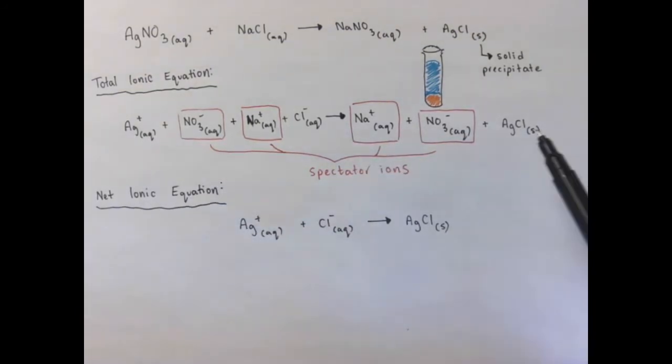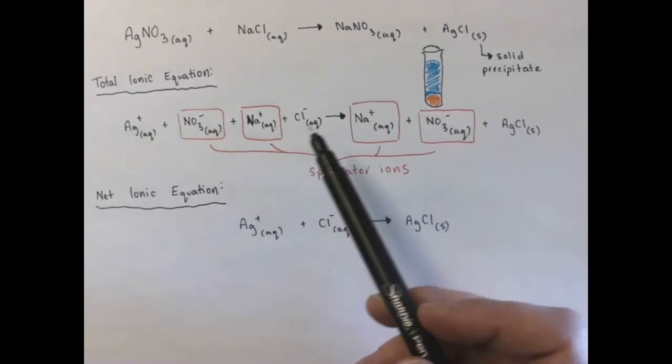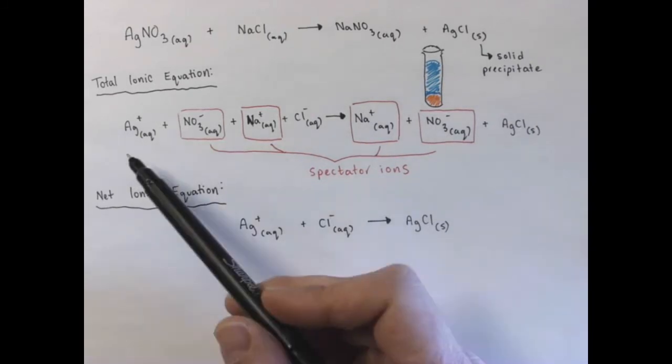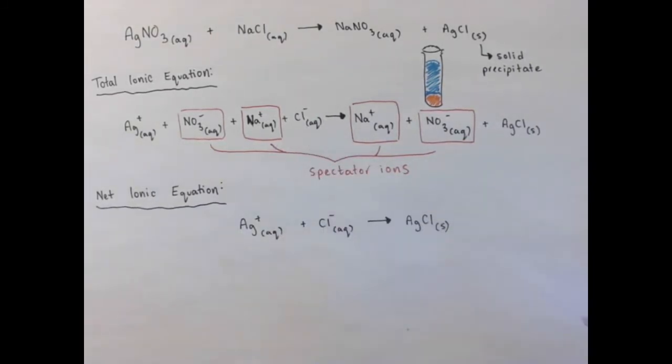Okay, this is actually showing that silver ions plus chloride ions are coming together to form an insoluble compound. So they're forming a bond together, an ionic bond. They're forming a crystal lattice. The silver chloride solid here will form that compound, and they're coming out of solution.